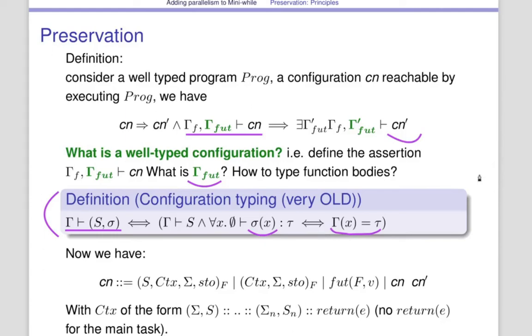One is to find gamma fut, and the other is to type those new configurations that are different now, which look like this. Gamma fut will not be that difficult to define. It's just a type of each future, and there are plenty of ways to do that.